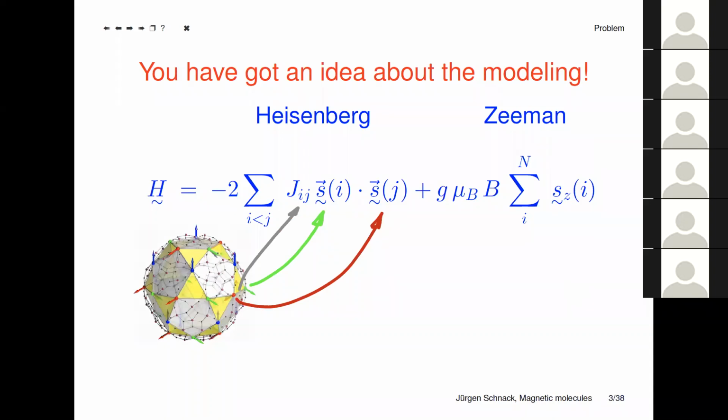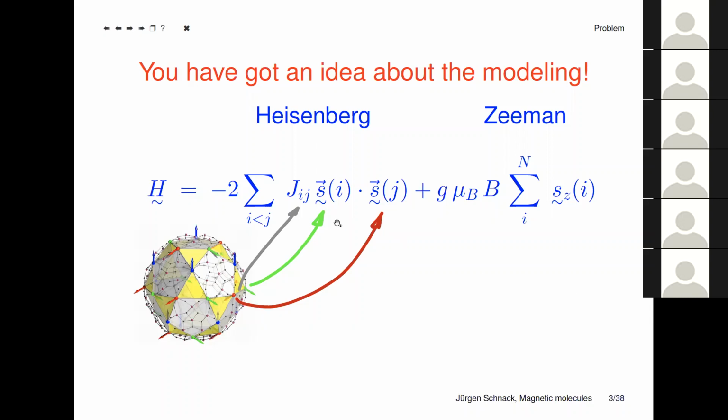For a theorist like me, what it boils down to is, in the end, you want to model your spin system, and in the simplest model we can think of, maybe the simplest realistic model, that would be a Heisenberg model together with a Zeeman term.